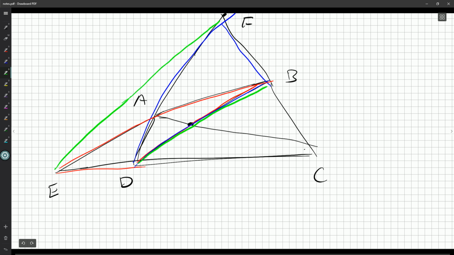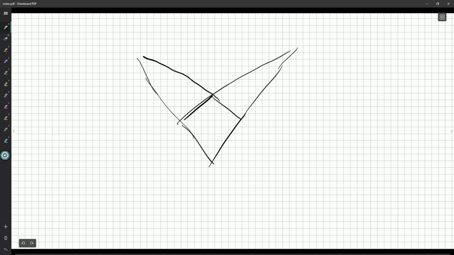Oh, so the common base of the triangles needs to be parallel. So yeah, actually, if I redraw the picture slightly, it was E up here, F up here, and I consider DB as the base here.